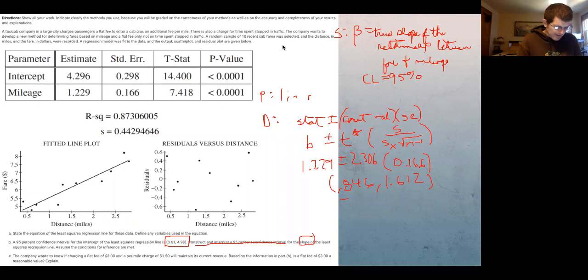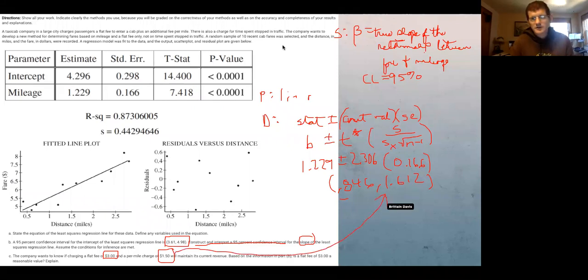And when you look at this $3, there's a good chance that they're actually going to be losing some of their revenue because they're not charging as much to start off with, while this 1.50 is in their current confidence interval for their per mile rate. So you could almost think of it as they're going to continue getting the per mile amount the same, but they're losing revenue for what their initial cost is. And that's a tricky one.